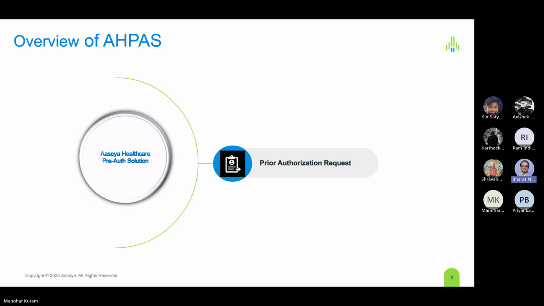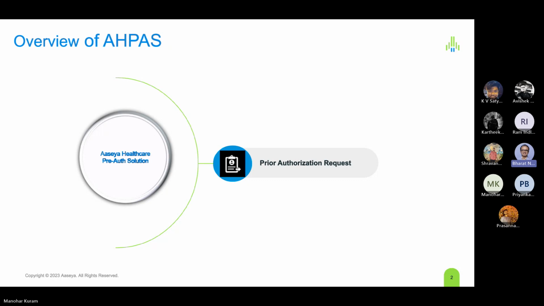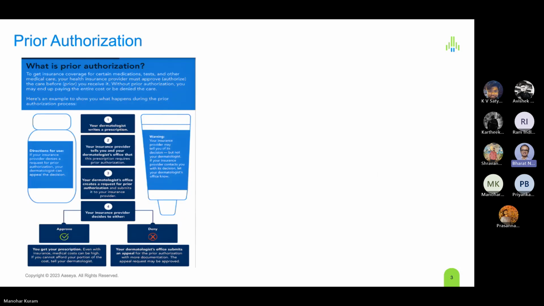Manohar, there are essentially three players: a payer, a provider, and a member. So it's a triple constraint of these three parties in which we need to operate. On the next slide, where you were explaining pre-authorization, we should bring in those three personas. The member is someone like you and me who is seeking medical treatment.